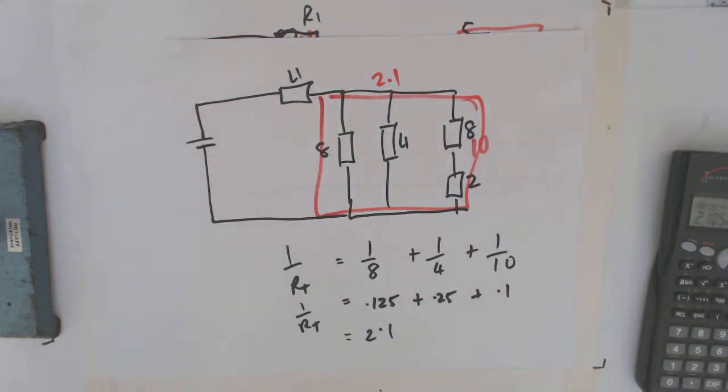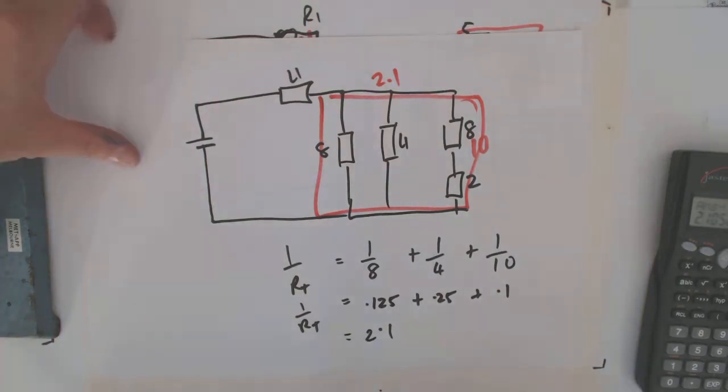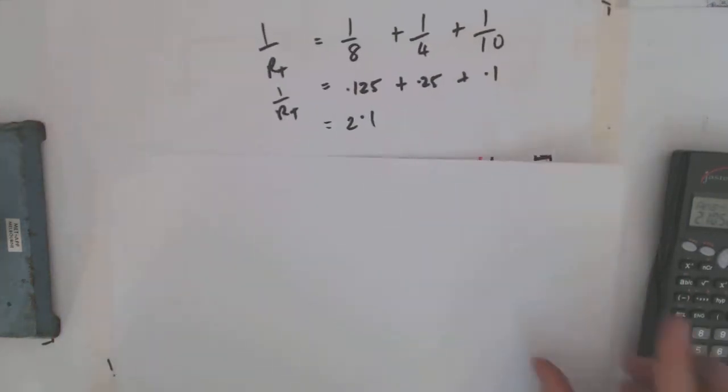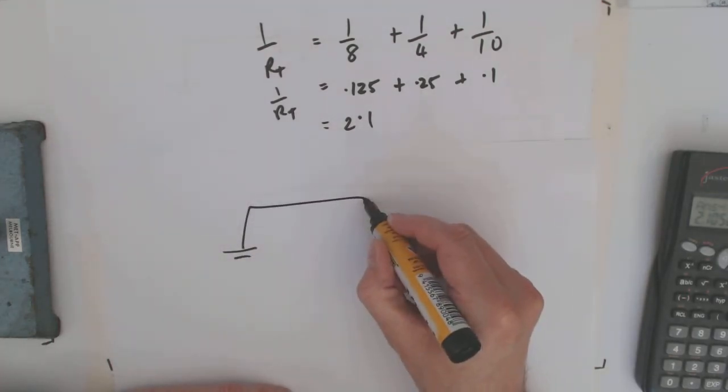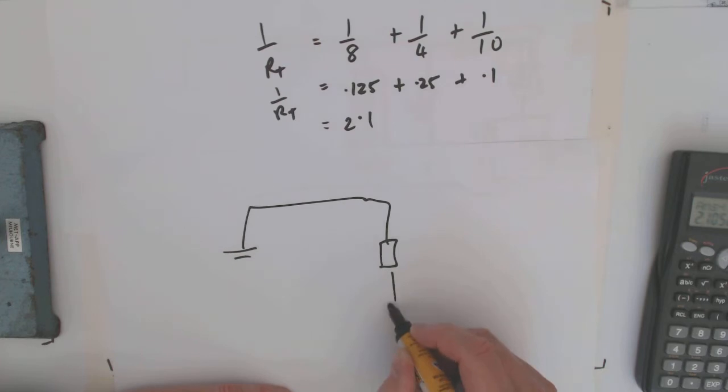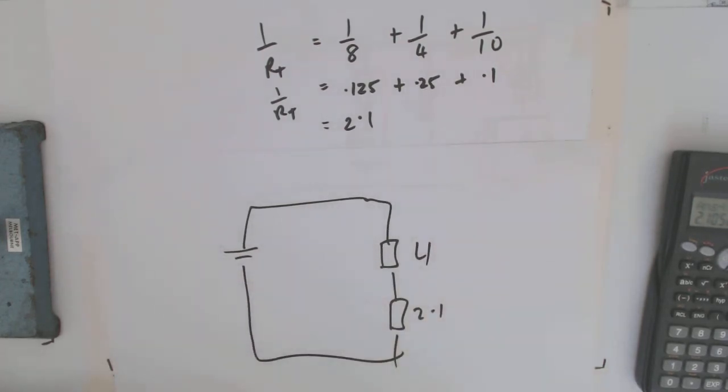So now I'm left with a circuit where I've just got 4 ohms and 2.1. That's equivalent to 6.1.